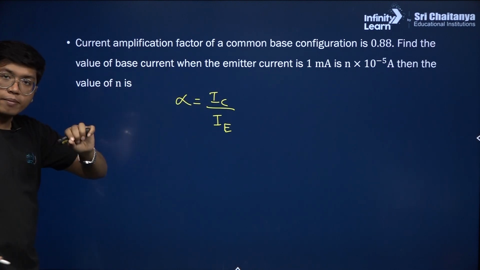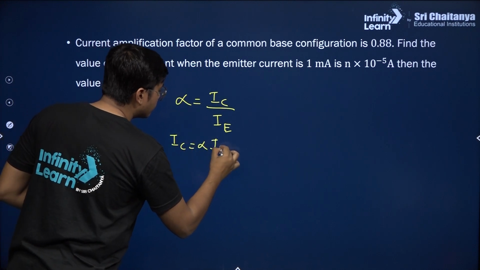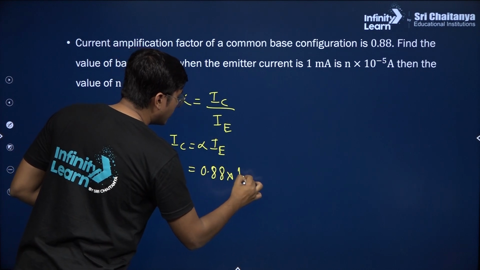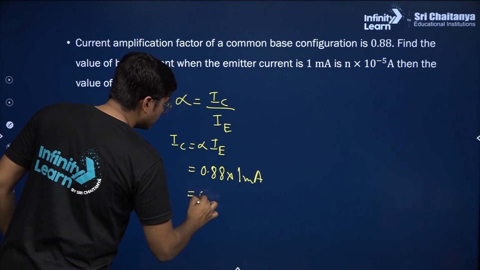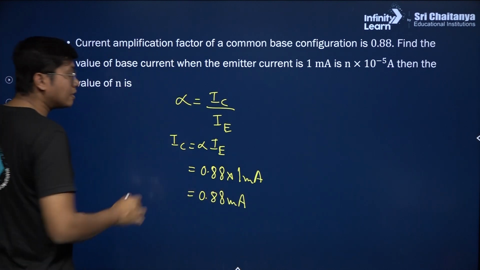Emitter current is given as 1 milliampere, which means IC is equal to alpha IE, which is 0.88 into 1 milliampere, that is 0.88 milliampere. That is your IC.